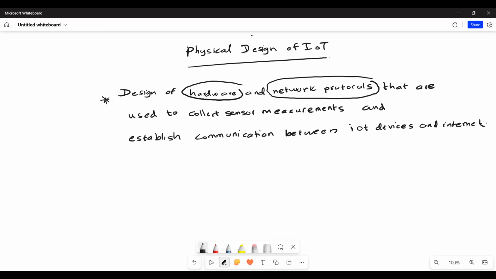If we consider a certain application, we need to design the hardware and the network protocols suitably for that application. So let's talk about such applications. I think we discussed that in the last class as well, where we discussed the agricultural IoT network, right?